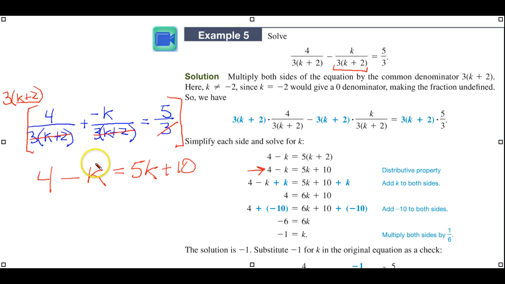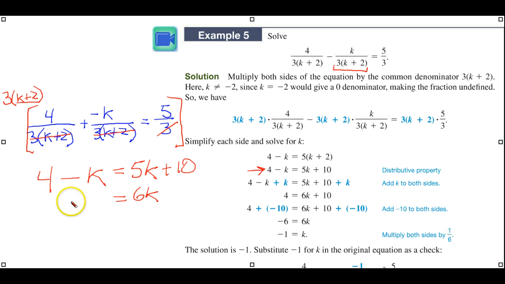Now again, we want our k's to be positive if we can. As we bring this negative k over to this side, it becomes a positive k, and this gives us 6k. As we bring our positive 10 over to this side, it becomes a negative 10.